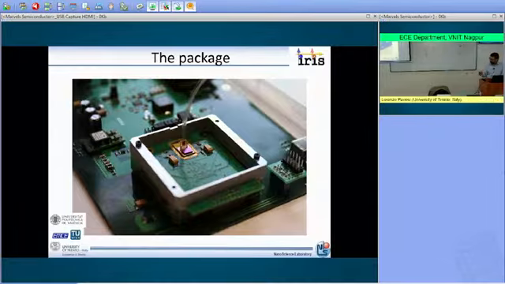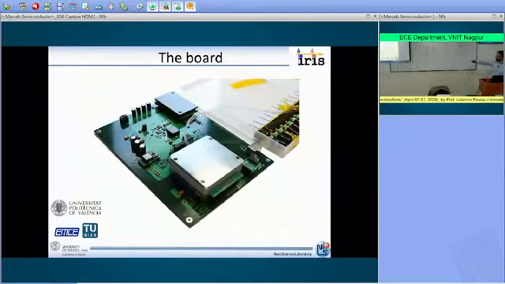And so the package has the function of hosting the optical switch matrix here, having input fibers, having input electronic digital signal, and then controlling the temperature that is developed in the circuitry. Everything is placed in a board. So here you have all the different fibers. Here inside you have your optical network.